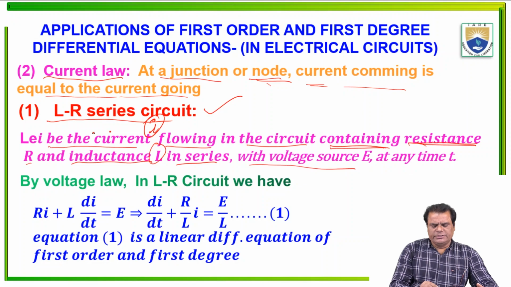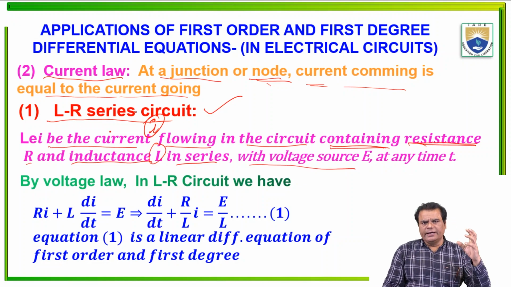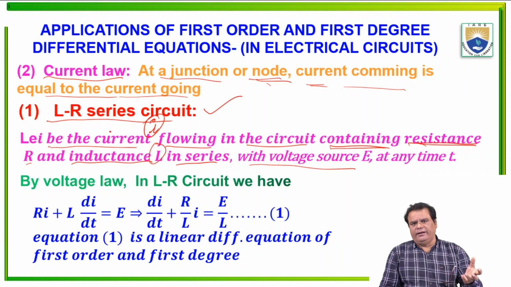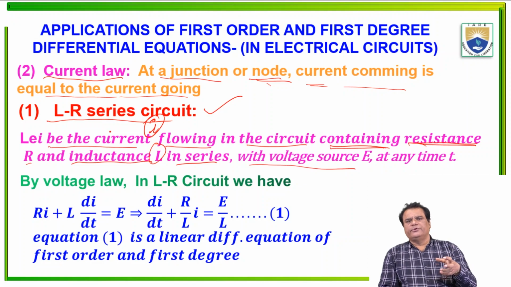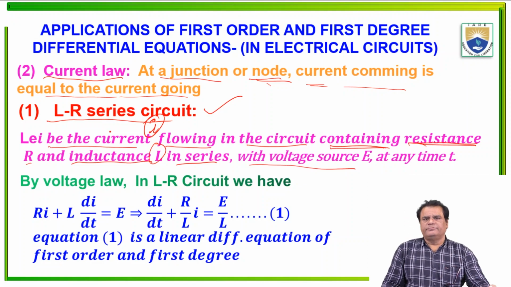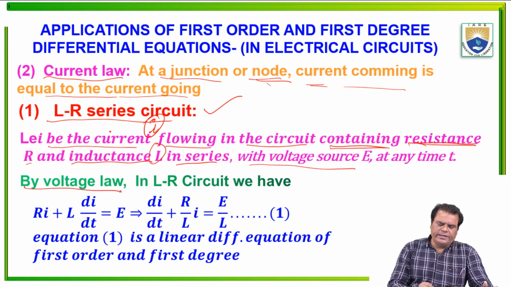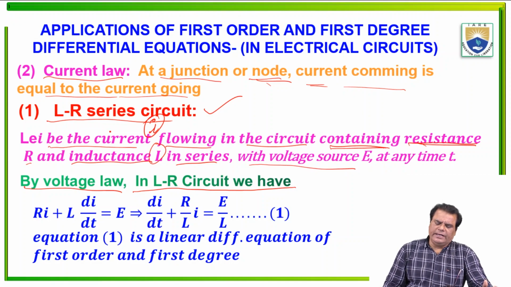So this is the LR series circuit. Any current flowing in the LR circuit, meaning a circuit containing resistance R and inductance L, then the sum of voltage drops across L and R is equal to the total electromotive force. So here by the voltage law in the LR circuit, what is an LR circuit?